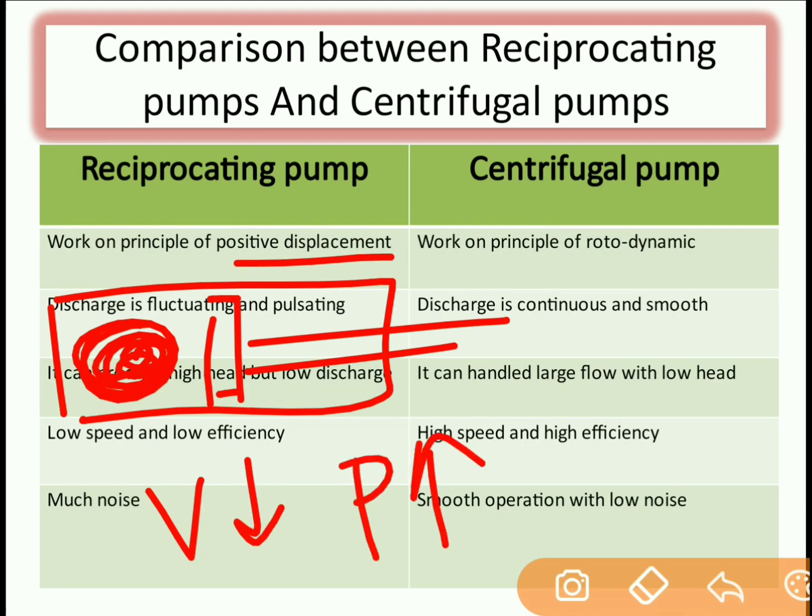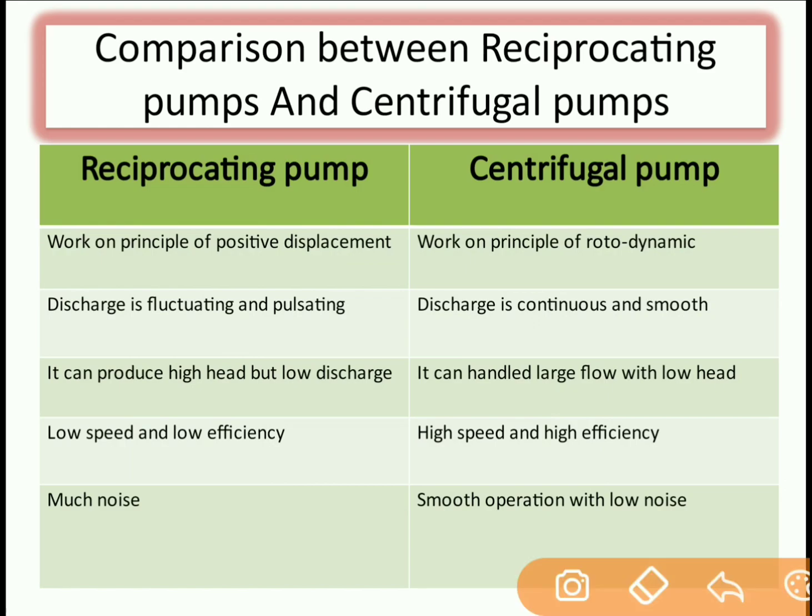This is the positive displacement principle. Whereas centrifugal pump works on the principle of rotodynamic. Rotodynamic means pressure of the liquid is increased because of the rotating impeller. So in this case there is an impeller, whereas in the reciprocating pump there is no impeller.